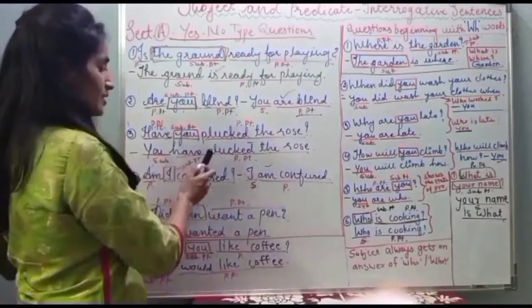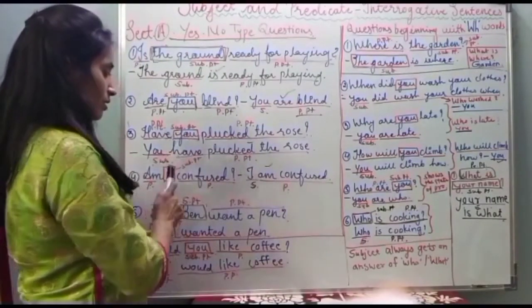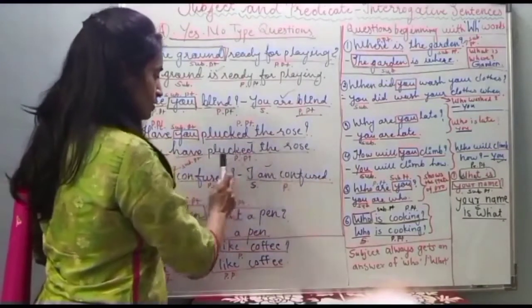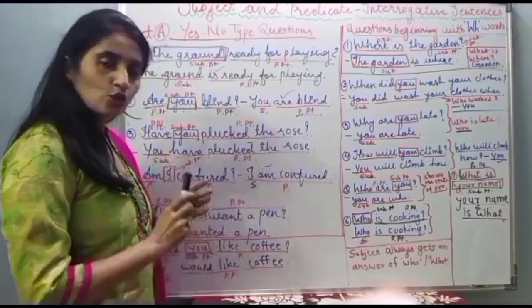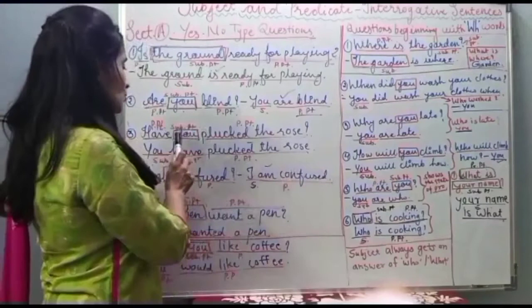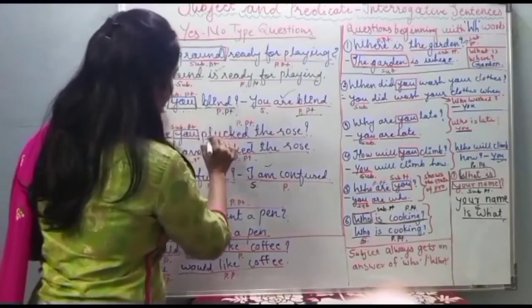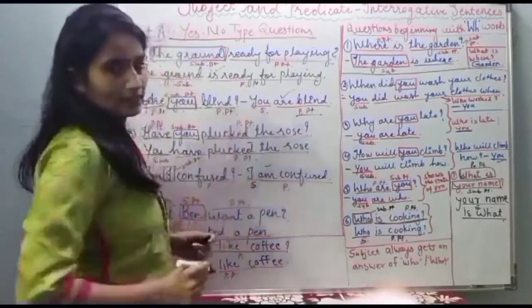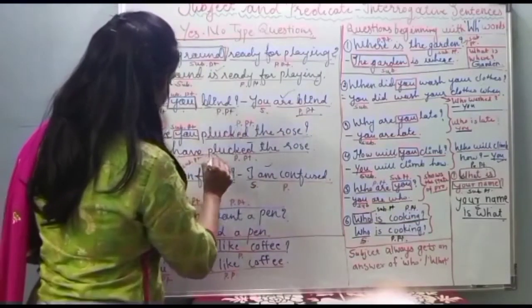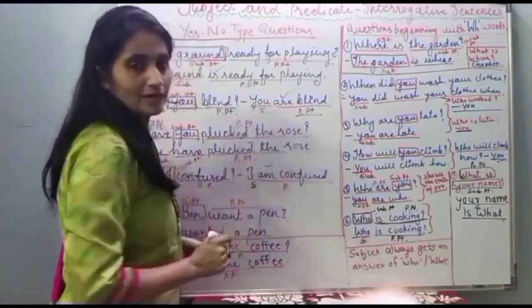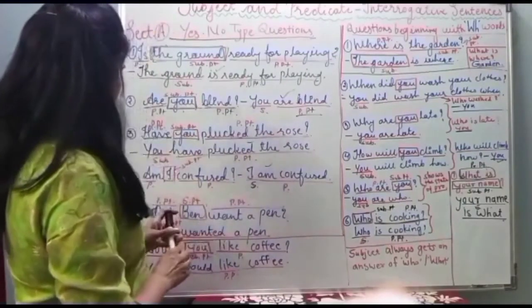What is the subject in this statement? You. And have plugged the rose is the predicate part. So you can say that you is the subject part and have and plugged the rose is the predicate part. Here I have underlined the whole predicate part.